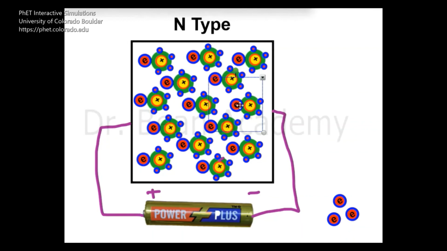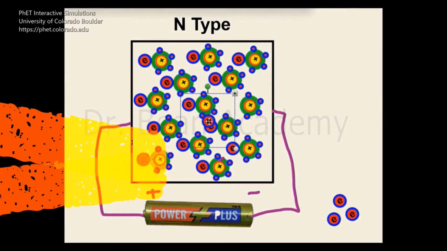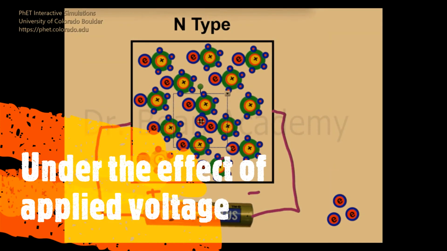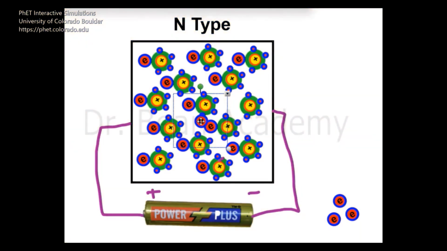So now this electron will flow in the material. It will move here and there under the effect of the electric field. And remember that this electron is from the material itself. It will move here and there, and this is how it will flow through the material. Similarly, another electron will move and then it will flow as current.